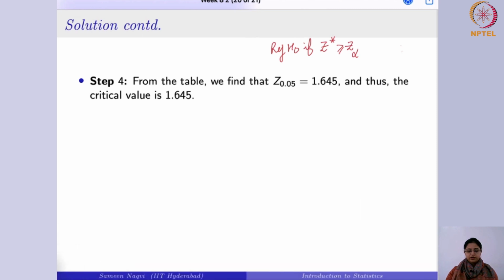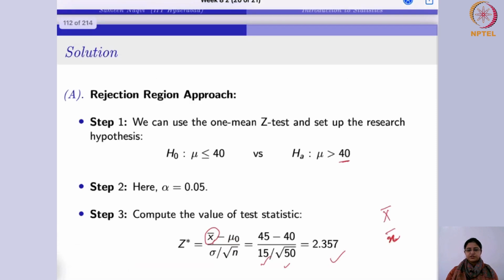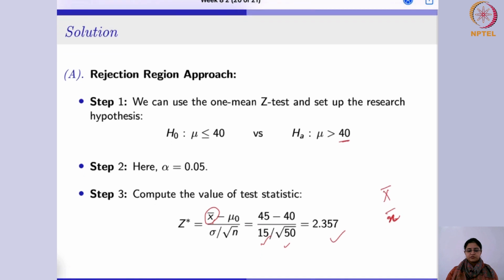Because your alternative over here is mu greater than 40. So you would be rejecting the null hypothesis if the z star that you have calculated is greater than or equal to the critical value.